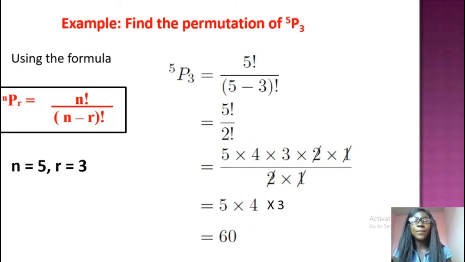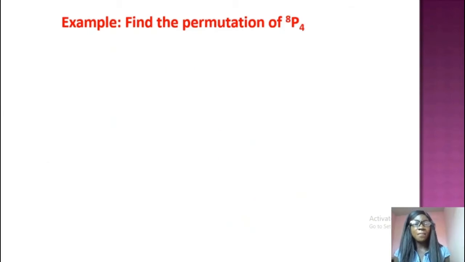Let's see more examples so that we will be expert in permutation. Second example is to find the permutation of 8 permutation 4. Just pause the video and try this to see if you have the same answer as mine. Okay, so the same way we're going to make use of our formula.